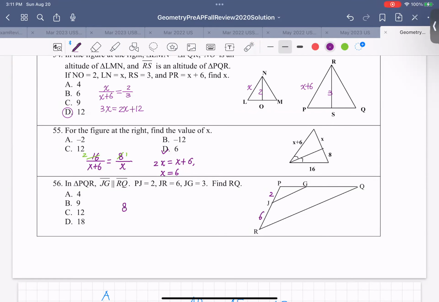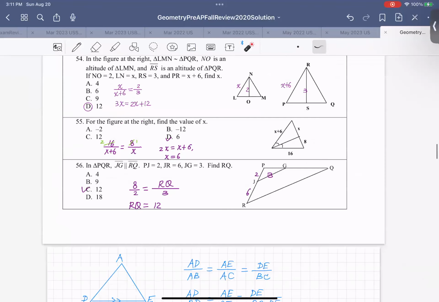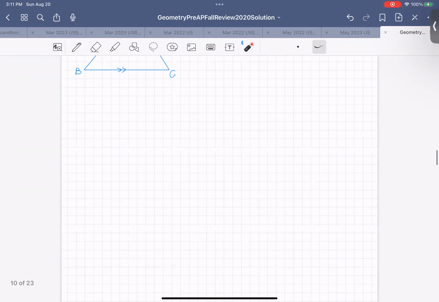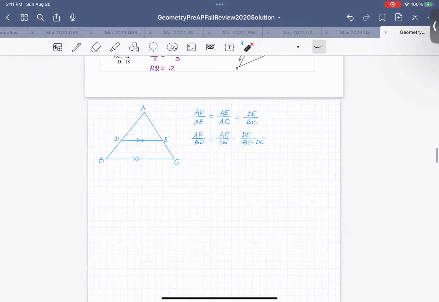So 8 over 2 equals RQ over 3. Good. So RQ will be 12. You still want to show the equation. If you only put the answer, some teachers won't give you full points. I know that you definitely understand, but I still want you to show the work.